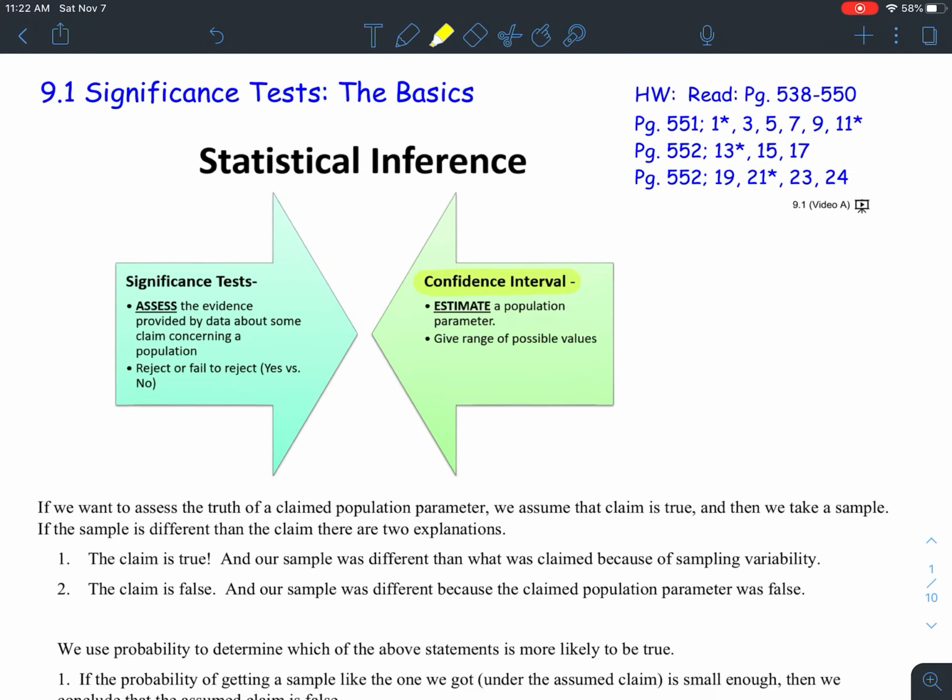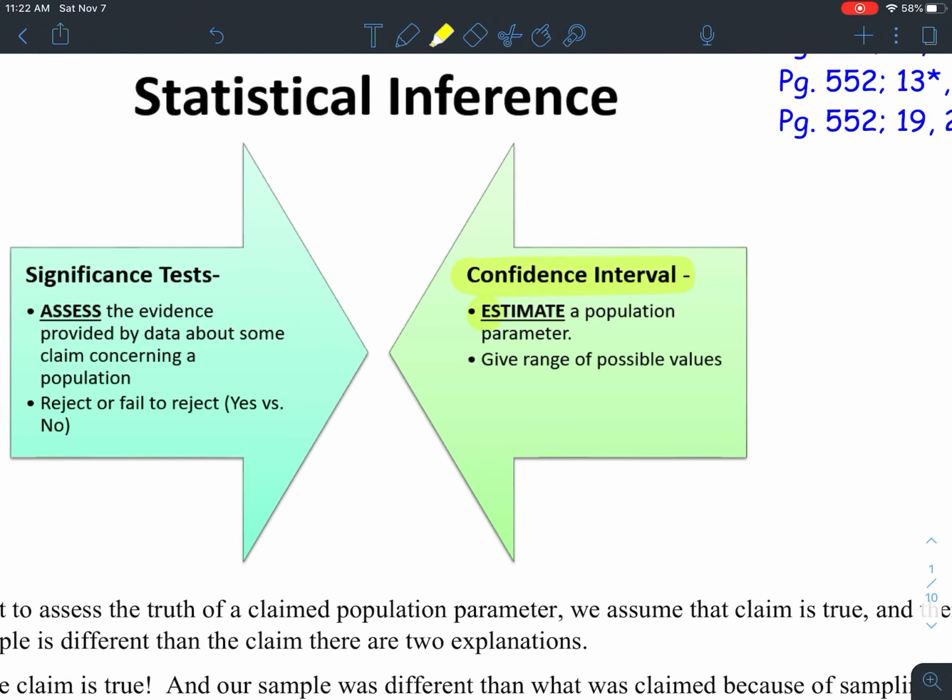The purpose of a confidence interval is when we're trying to estimate the location of a population parameter, often a population proportion or a population mean. And we learned that when we do that, we're essentially creating a range of possible values where we think that population parameter is located.